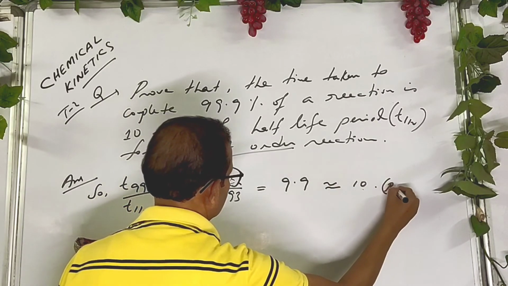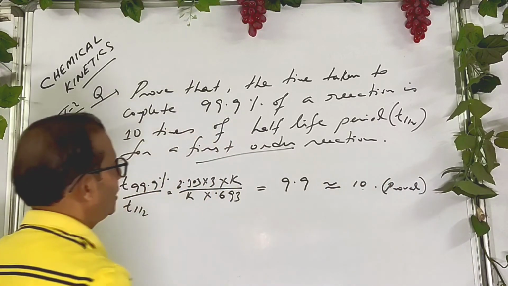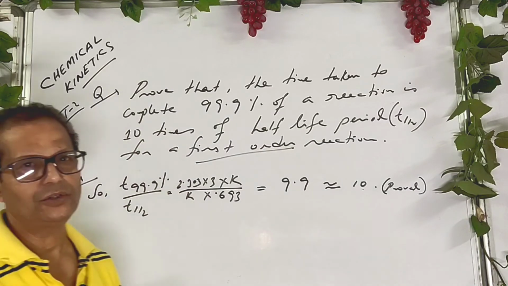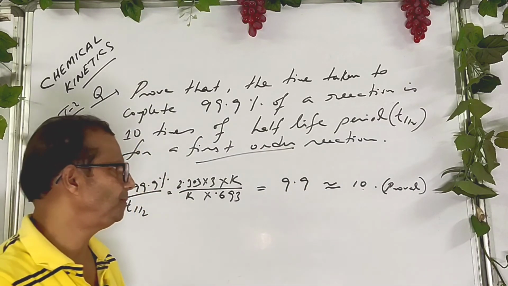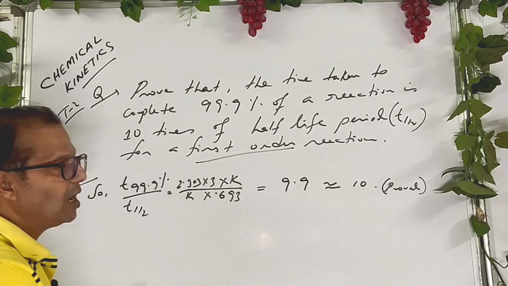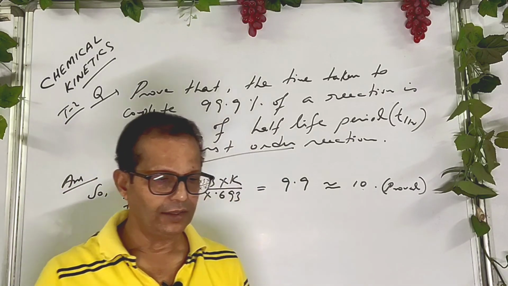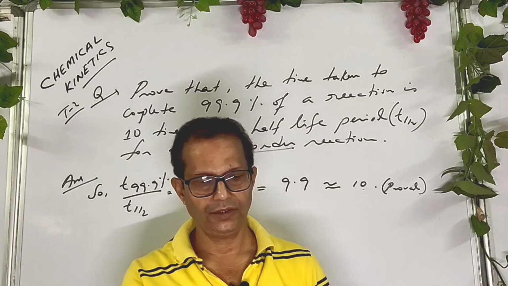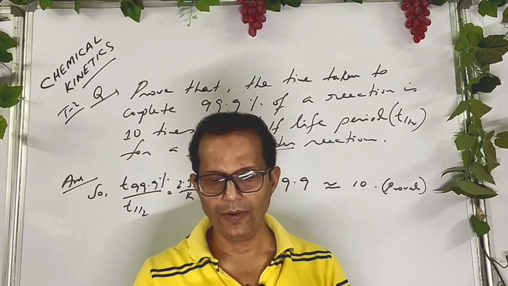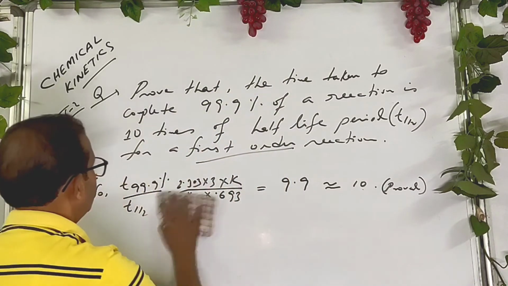So it is proved. This is very important. This is a very important question for your exam. So the last question, I think you get the point. So remember it.